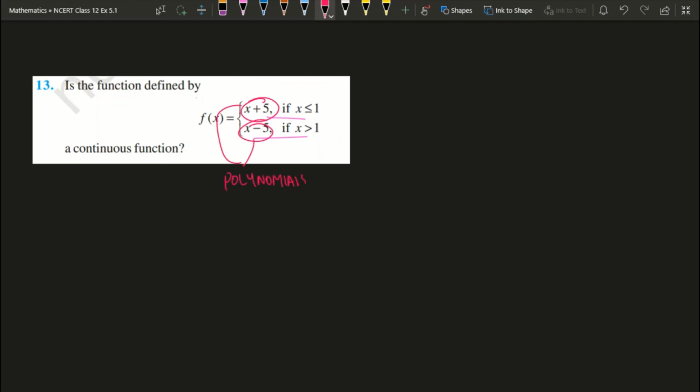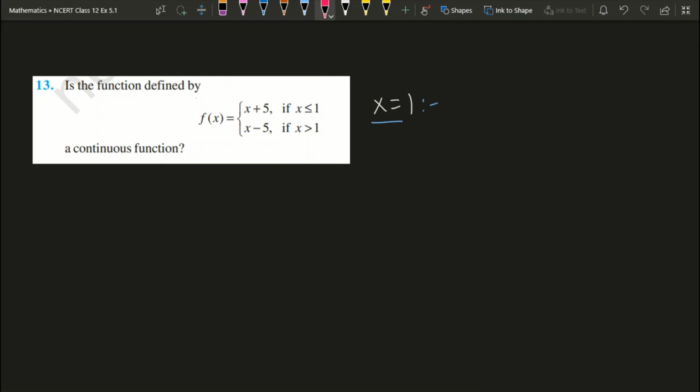And polynomials are continuous everywhere, for every number you put in. So the only point of discontinuity of the entire function f of x could happen if x is equal to 1. Because for all other values of x, you get a nice polynomial expression, and you don't need to worry about that.